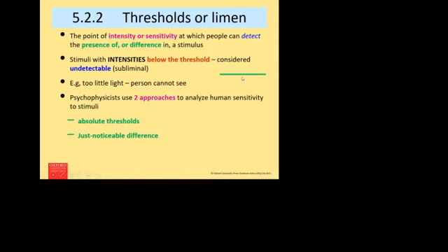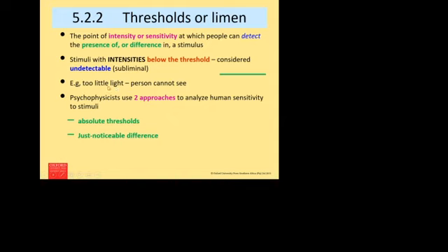We are not sensitive to stimuli below the threshold. So a stimulus with intensity below the threshold is undetectable, and a stimulus with a higher level, above the threshold, can be detected.